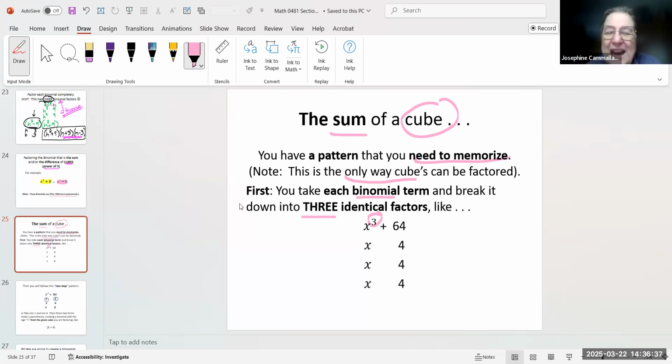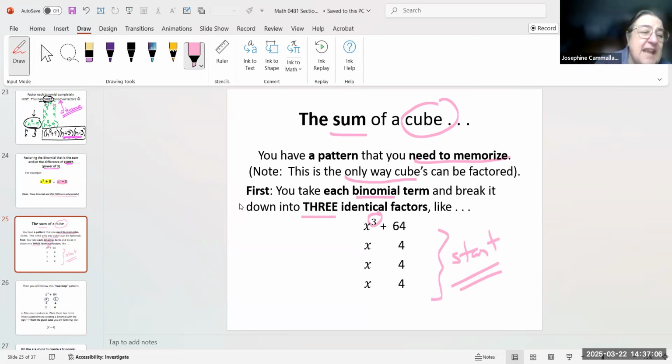Now, if you look at 64, 8 times 8 is 2 factors. Can I make 64 into 3 identical factors? Yes, 4, 4, 4. This is how you start. You must have 3 identical factors. Once you've done that, that's the hard part.